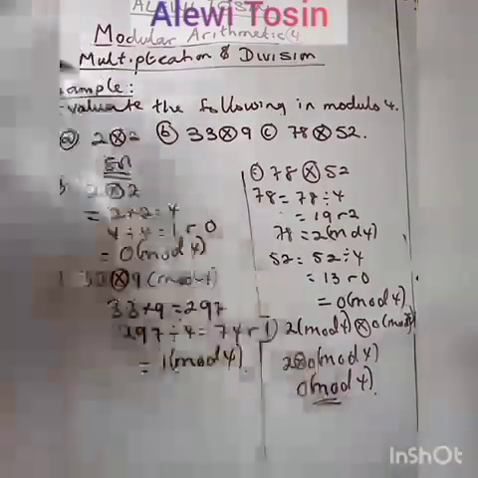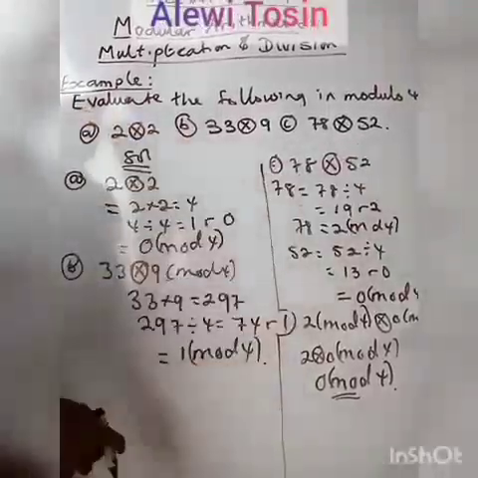Final answer: 78 times 52 in mod 4 will give us 0 mod 4.